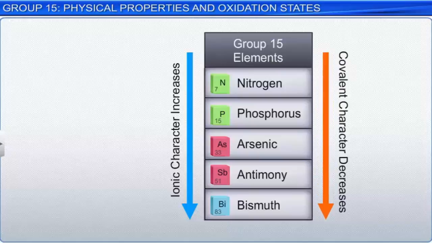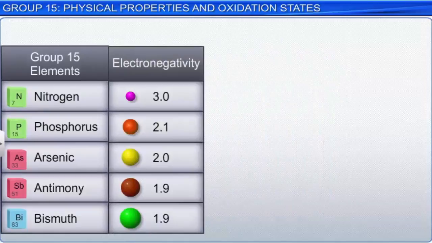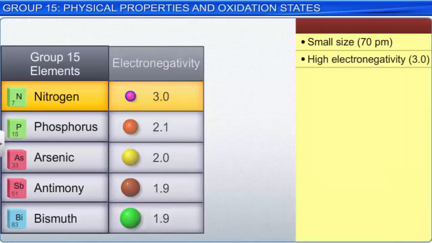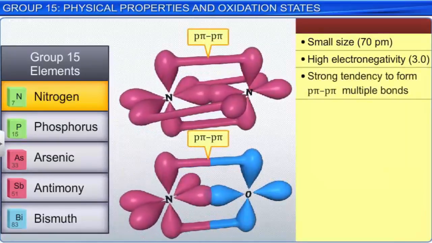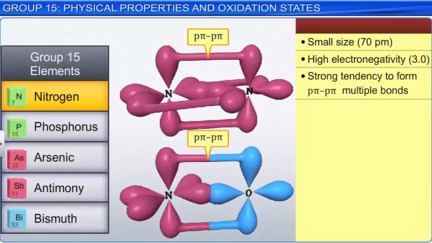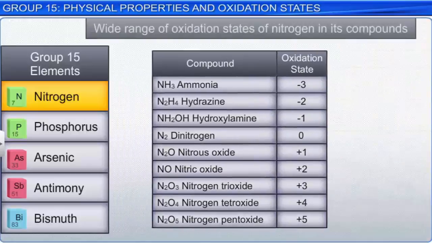Talking again about nitrogen, because of its smaller size, high electronegativity, and strong tendency to form p-pi multiple bonds, it exhibits various oxidation states from -3 to +5. Let us look at the wide range of oxidation states of nitrogen in its compounds.